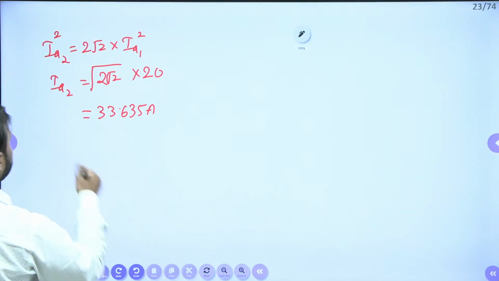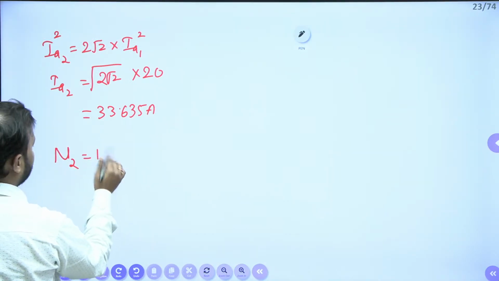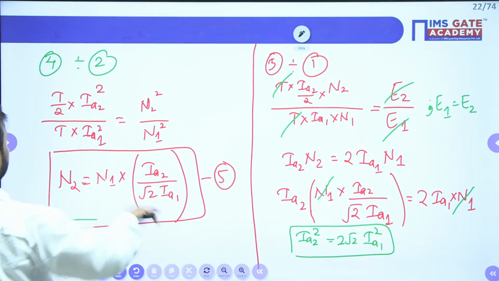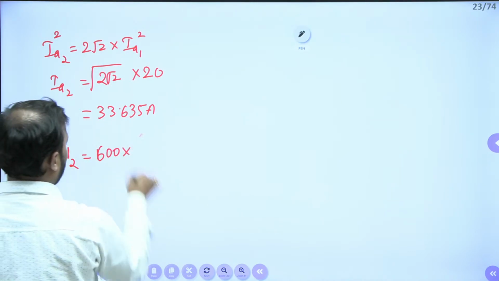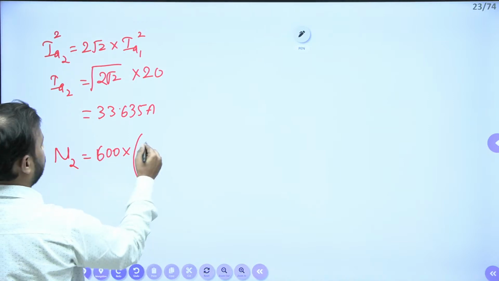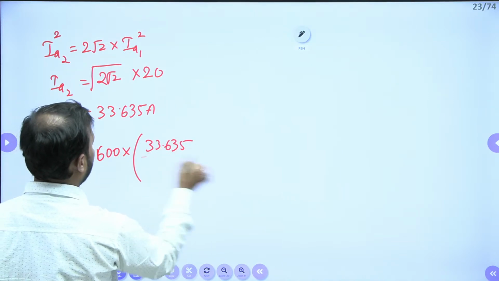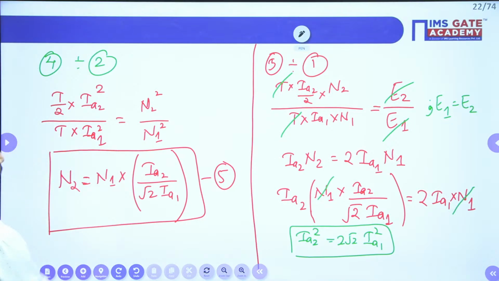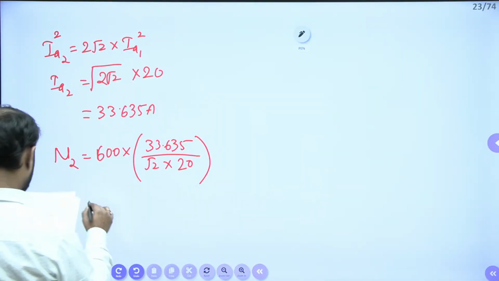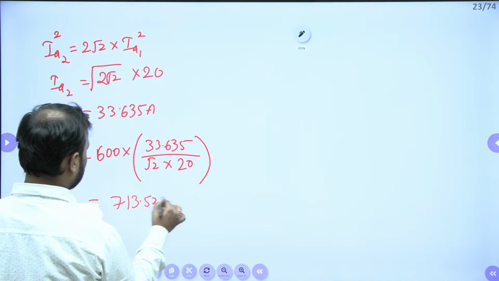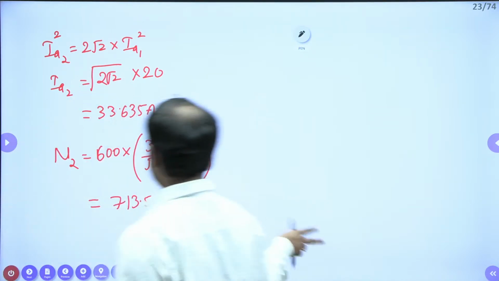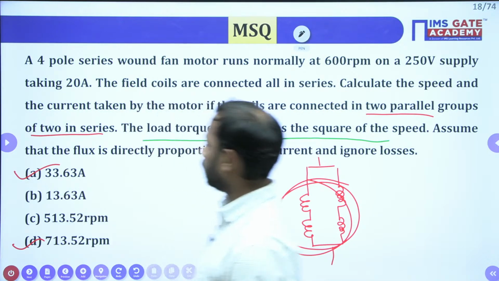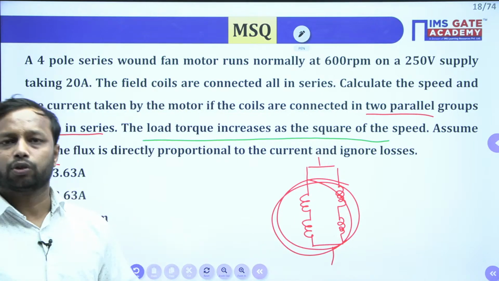N2 is N1, which is given in the question as 600, into Ia2, 33.635, upon root 2 into Ia1, which is 20. When you solve this, you will get 713.52 RPM. So this is given in option A and option D. So this is the correct option for this question.